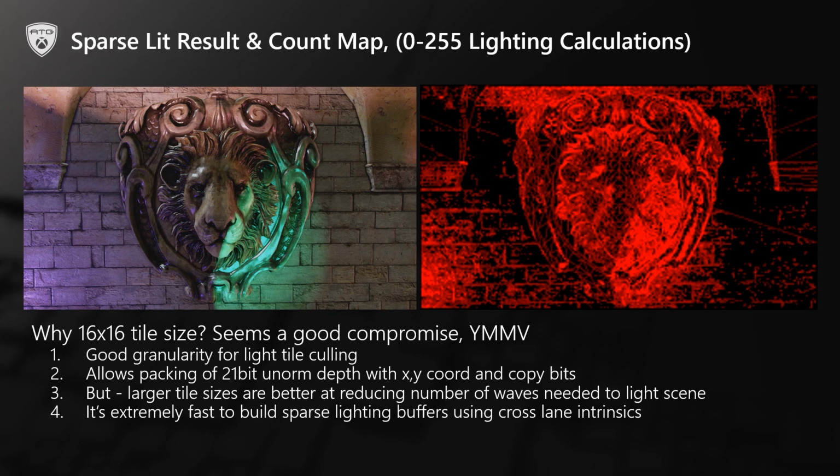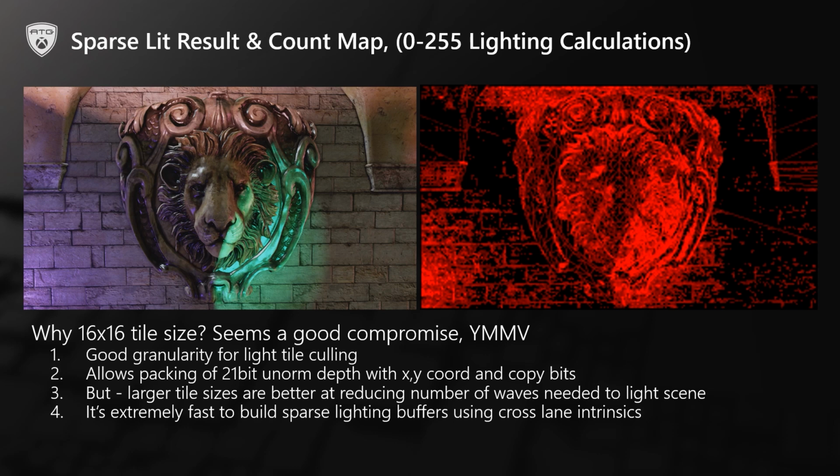So why did I pick 16 by 16 tile size? You could pick anything. This seemed like a good, sensible size to me. It's a good granularity for light tile culling, as again, we want for all pixels within each 16 by 16 tile, we want to be processing the same lights, not diverging on light type. It allowed me, as I said on the previous slide, to pack in this 21 bits uniform depth.